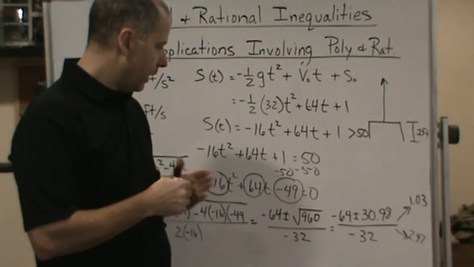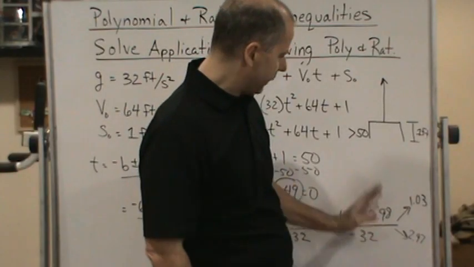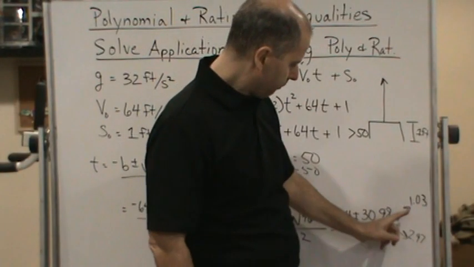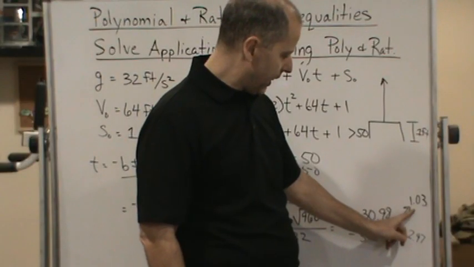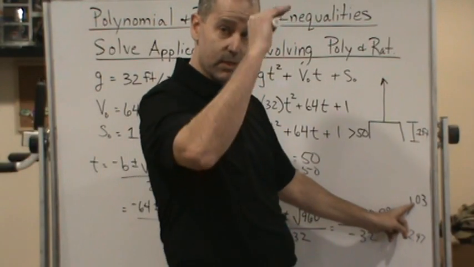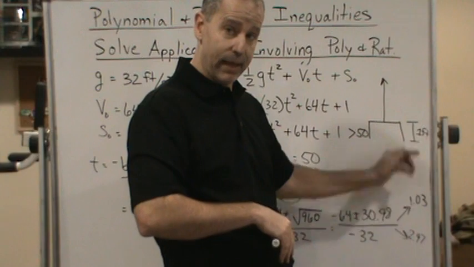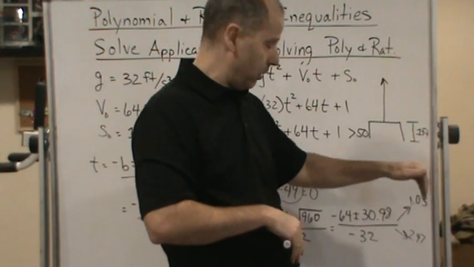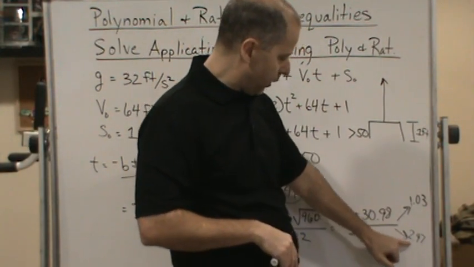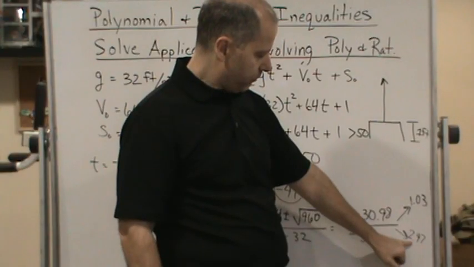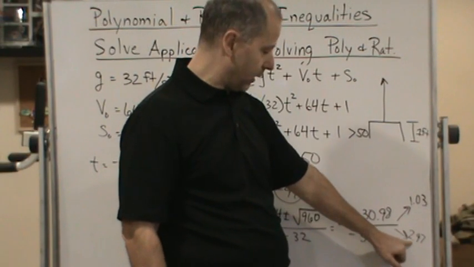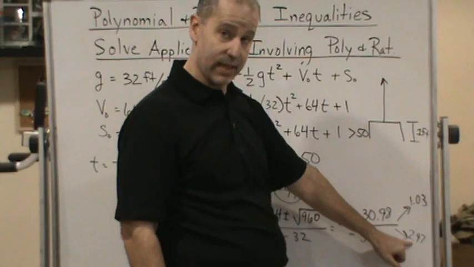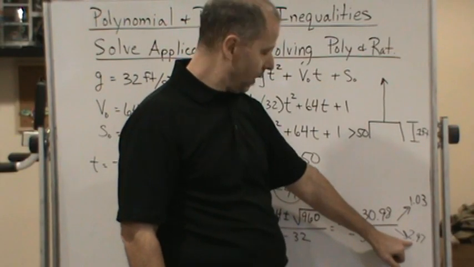The rocket is going up, it comes to a peak, it stops and falls back down to the ground. As it's falling back down, it reaches 50 feet again at 2.97 seconds after launch.